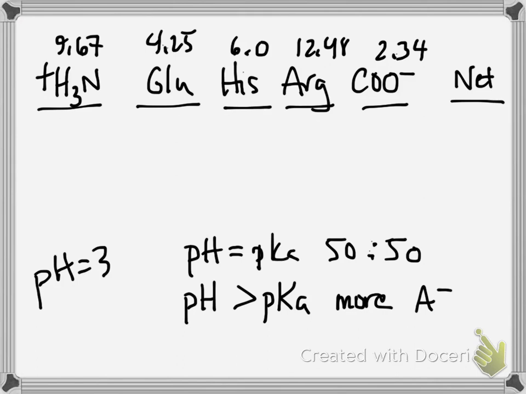It's the conjugate base. If the pH is less than the pKa, those acidic groups haven't gotten deprotonated yet. So you'll have more of the HA species rather than the conjugate base.